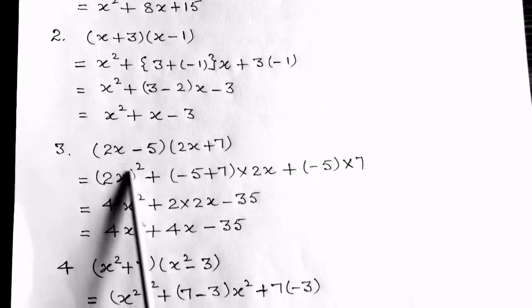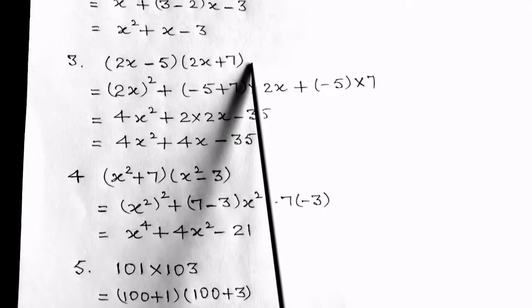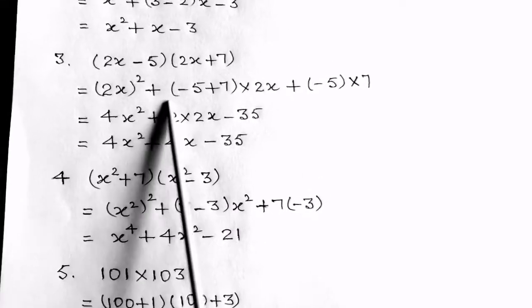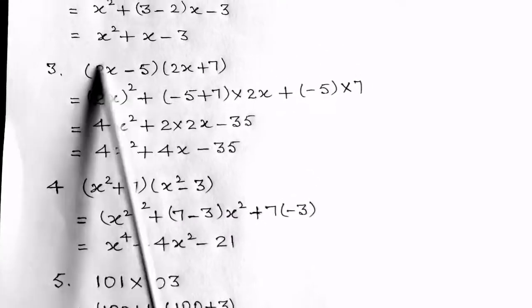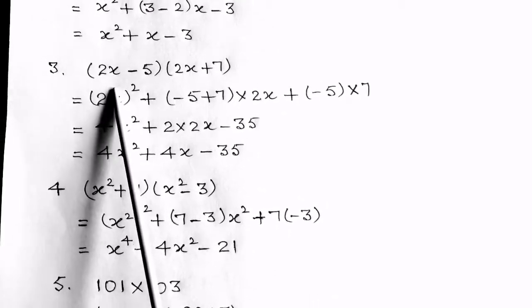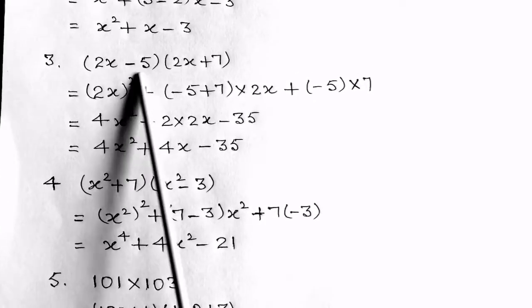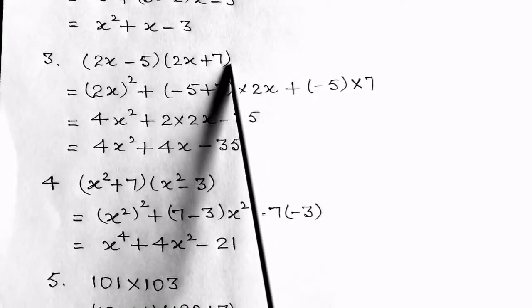I come to the next, that is (2x − 5)(2x + 7). Now please listen carefully. Here instead of x we are having 2x. So wherever in the formula you were having x, I'll put 2x there. a is −5 and b is 7.